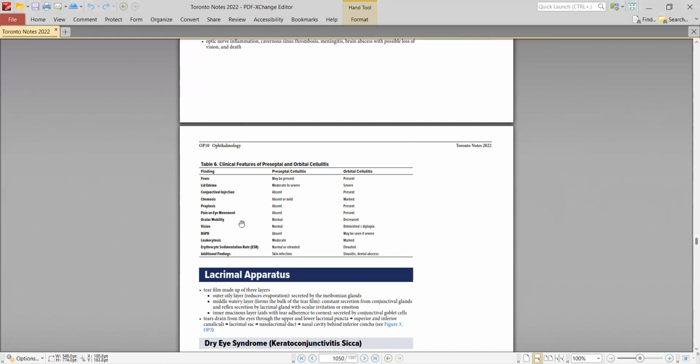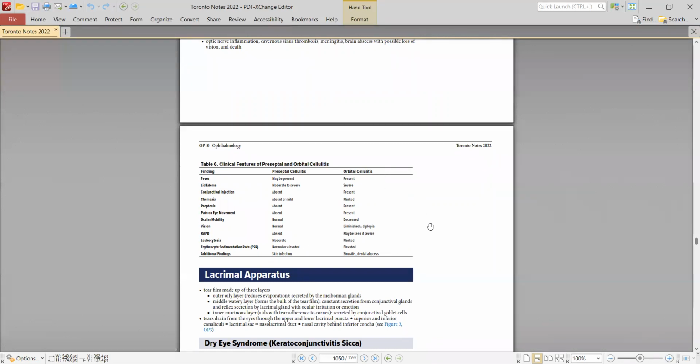Ocular mobility is normal, vision is normal, no relative afferent pupillary defect. Leukocytosis is moderate because it is an infection. You can see the elevated WBC. ESR is also normal or elevated. In addition, you can see that the patient is having some skin infection.